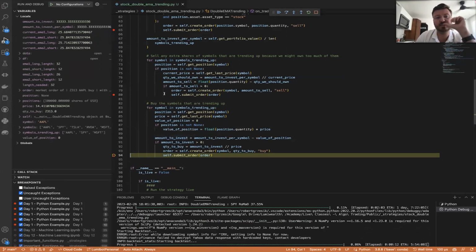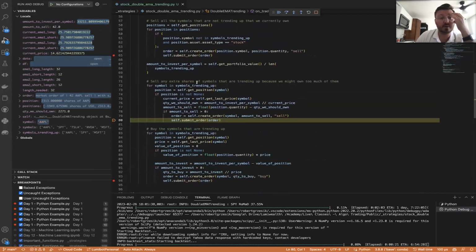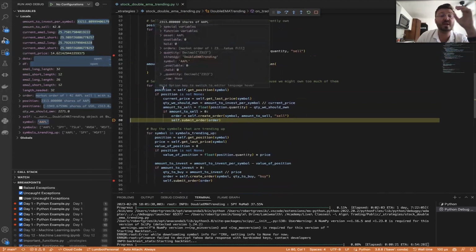Okay, so we're investing in all those 3 symbols. Okay, 1, 2, 3. Okay, now next day comes around, and now there's extra shares of symbols, which is a bit odd, 42 shares. Oh, probably because the prices of all these different things changed, right? That's the other thing, it's going to be rebalancing every day as well, right?